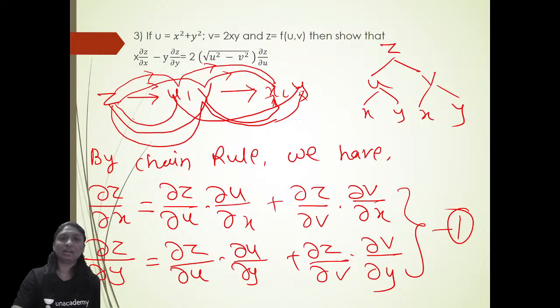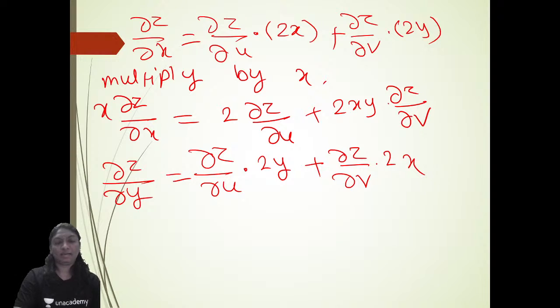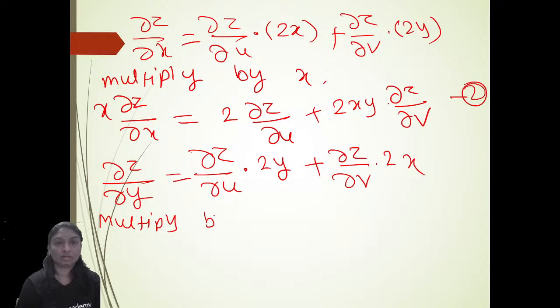Now we require here y, so I'm multiplying with respect to y here. This is your equation number 2, and multiply this equation by y on both sides, right?